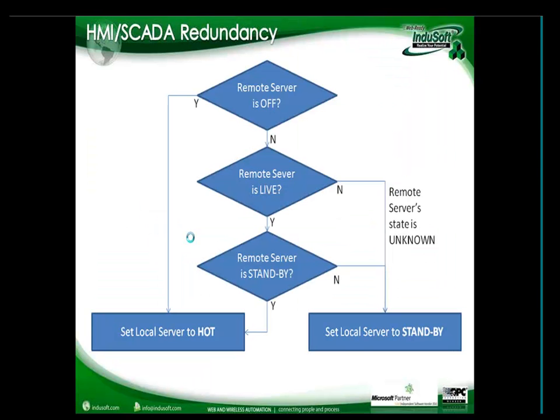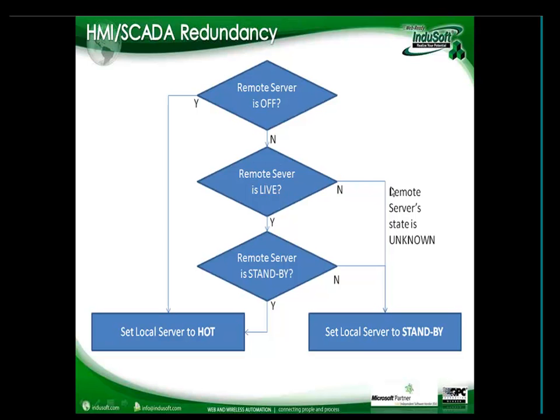Now, how to set one station to hot or standby? Pretty much, we check if the remote station is off. If the remote station is off, then this local station should be set to hot. So it should enable the communication driver on the fly and enable the ability to save data to the history databases. If the remote station is not off, we check if it is live.